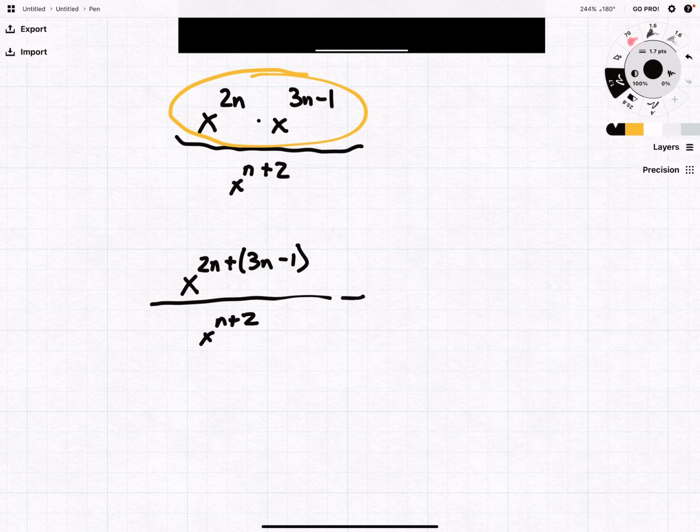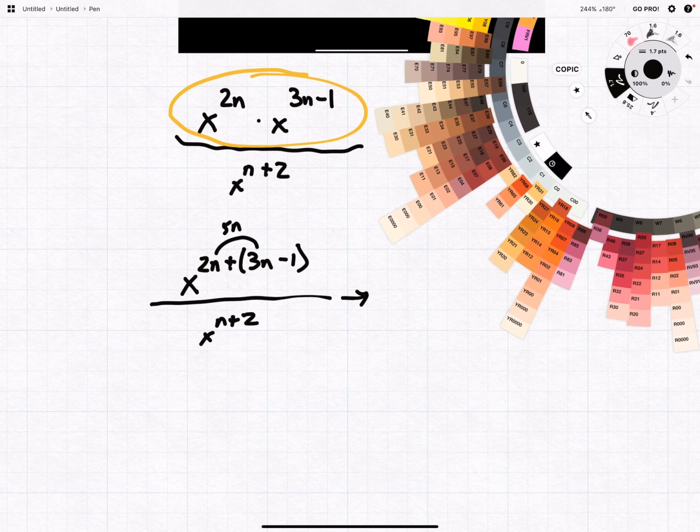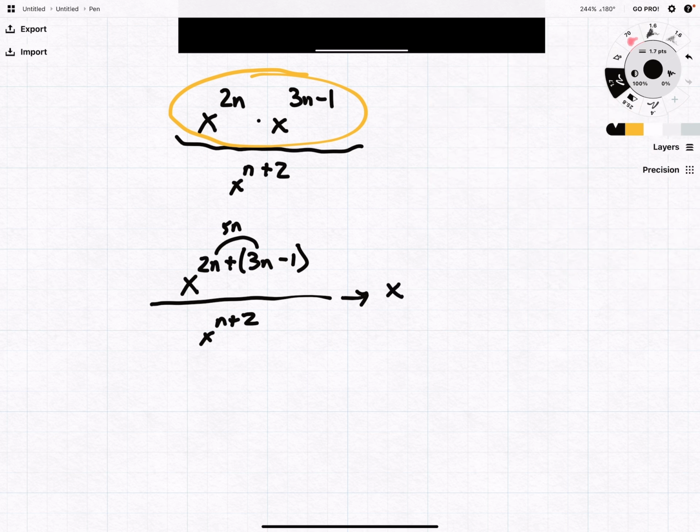Okay, so this will simplify to, let's see, 2n plus 3n is going to be 5n, and minus 1 is going to stay minus 1. So that gives us x to the 5n minus 1, and that's all over x to the n plus 2.